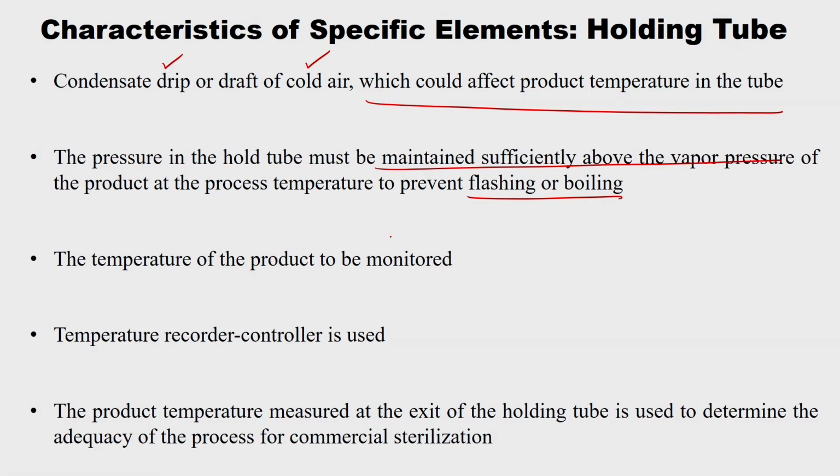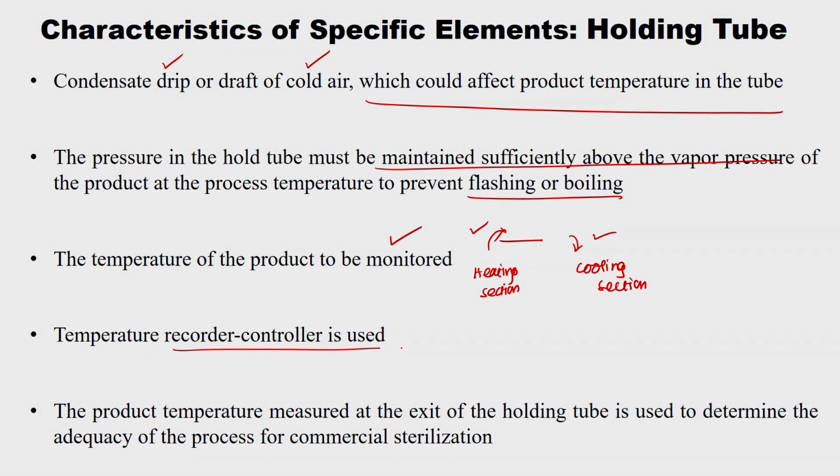The temperature of the product should be monitored, because from the holding tube it goes to the cooling section, and it comes into the holding tube from the heating section. So, at both places the temperature should be monitored, both when it enters the holding tube and when it leaves the holding tube, and a temperature recorder controller is used.